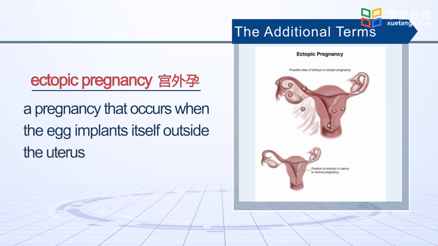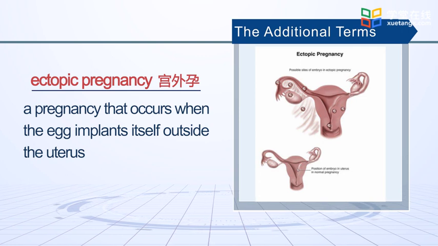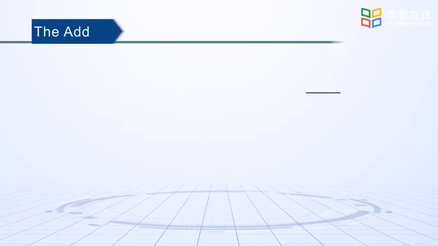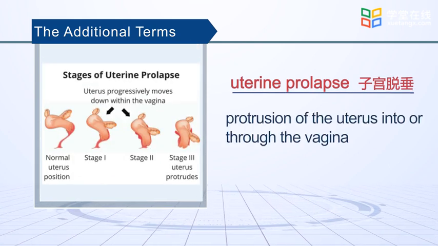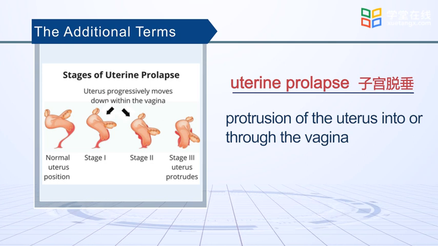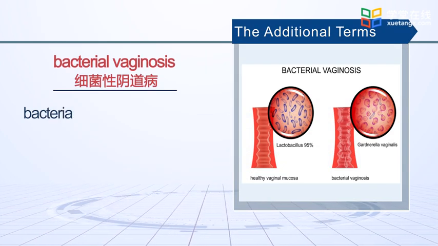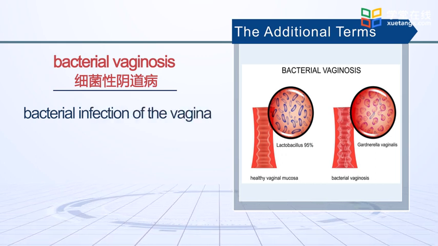It is a pregnancy that occurs when the egg implants itself outside the uterus. Uterine prolapse. Protrusion of the uterus into or through the vagina. Bacterial vaginosis. It is a bacterial infection of the vagina.